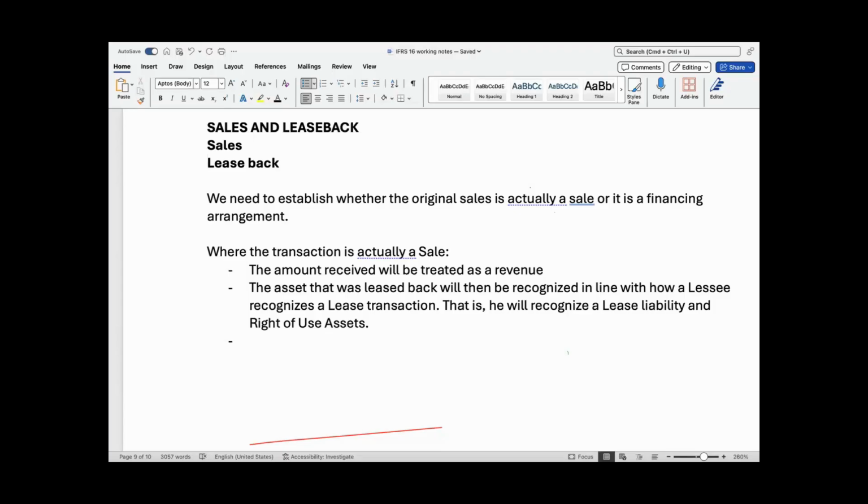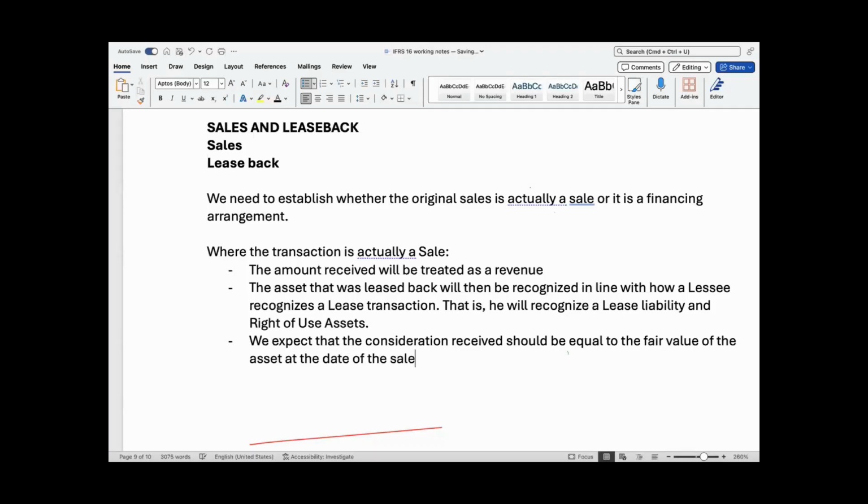So the check is that we expect the consideration received should be equal to the fair value of the assets at the date of the sale.